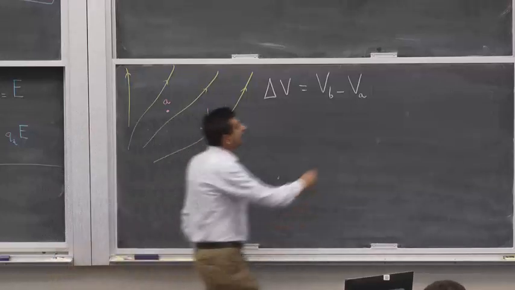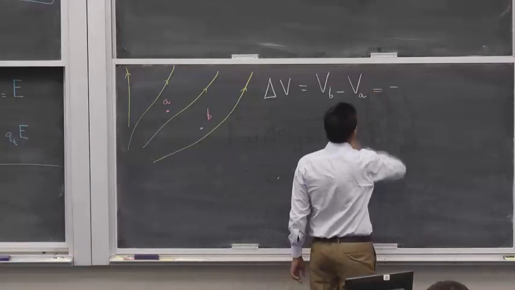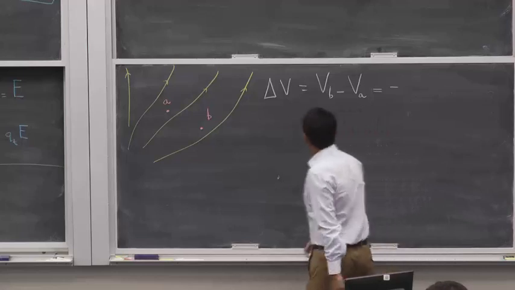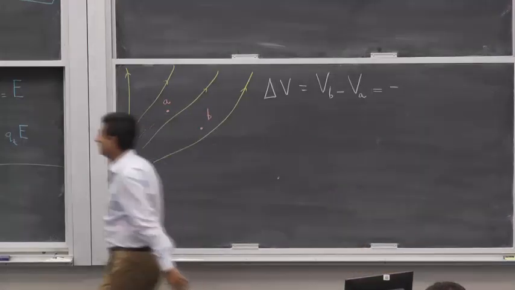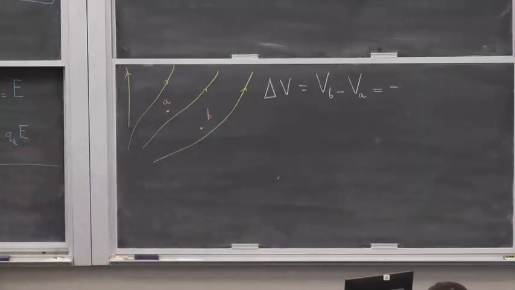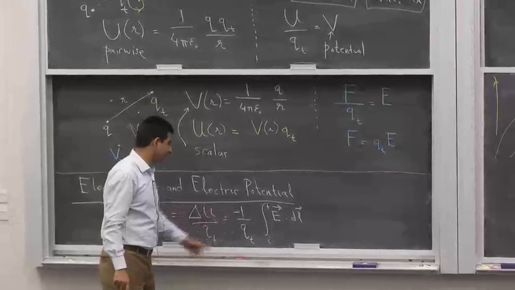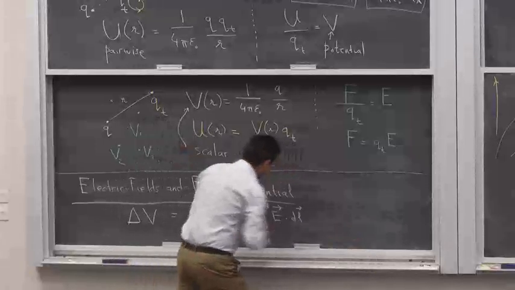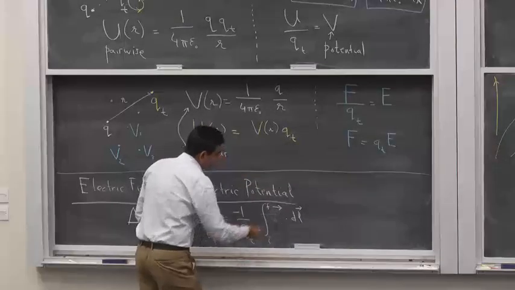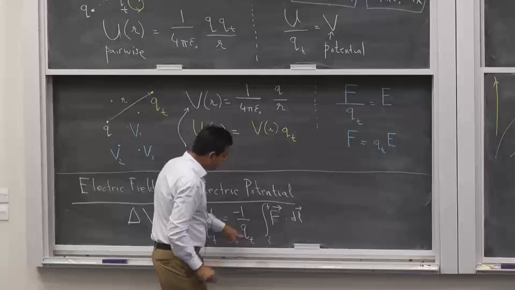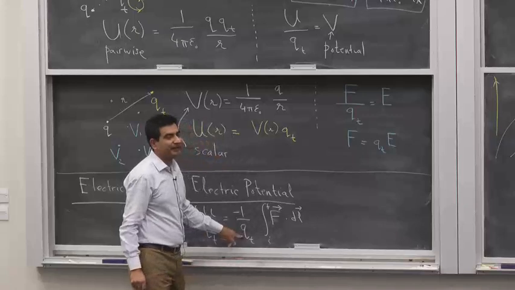Now I know that this equals minus delta U is the negative of the work done, over Qt. Remember, this is not E dl, this is F dl. Work done, right? Now F divided by Qt is just the electric field.